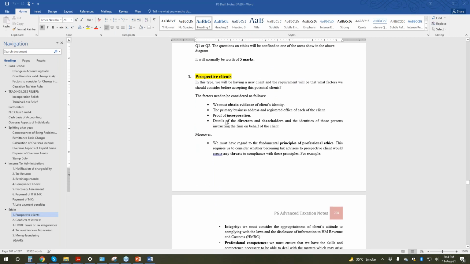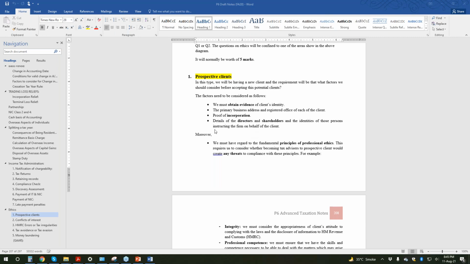Now, the first is prospective clients or new clients. In that, normally the questions ask what procedures we, as a tax advisor or tax consultancy firm, should perform before taking this as a client. These are lists that you must learn: we must obtain evidence of the client's identity, then proof of address, then proof of incorporation if it is a company, then details of the directors, shareholders, or whoever are the owners or beneficiaries of the business.